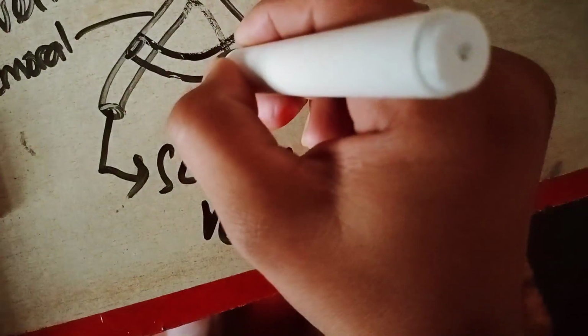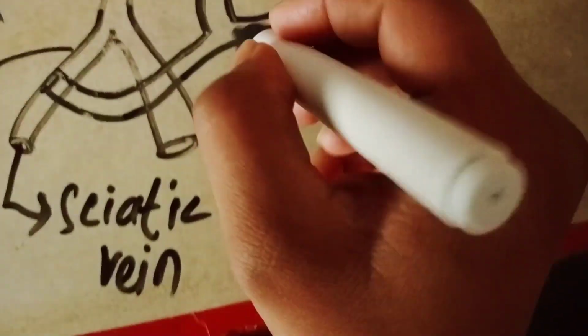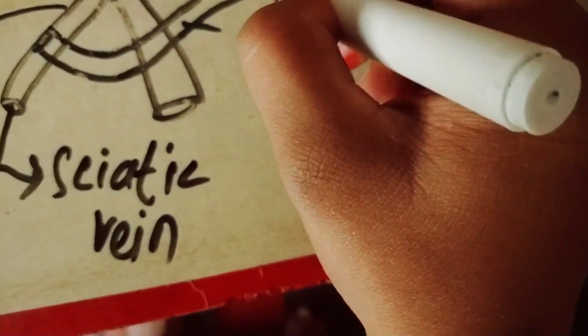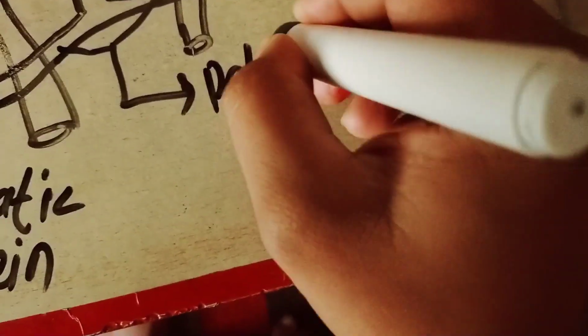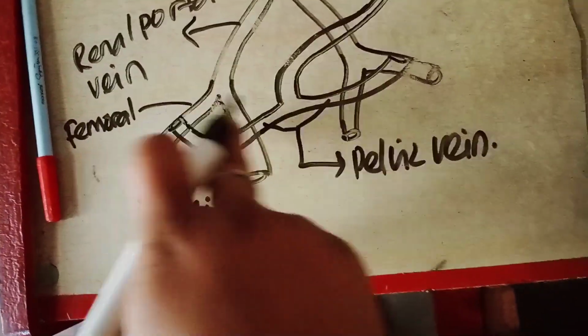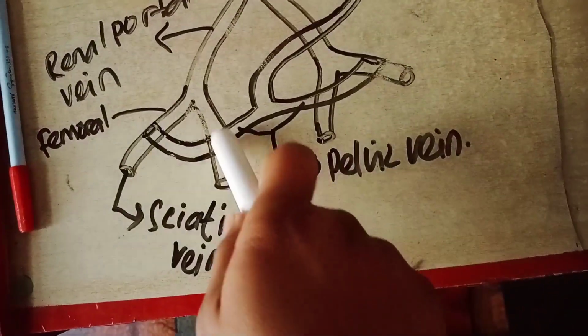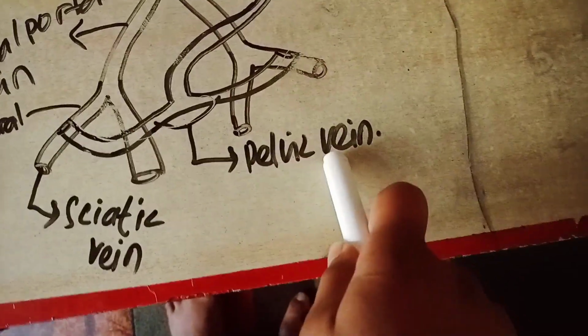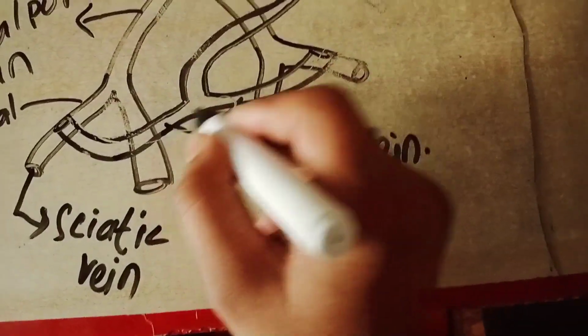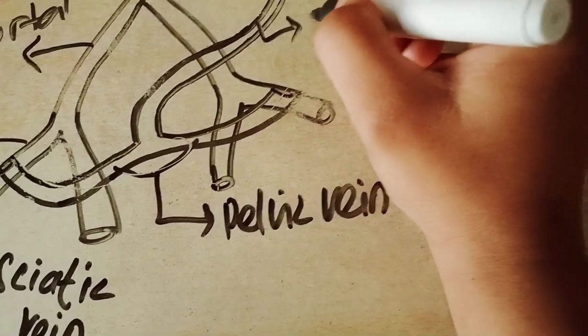And this is branches of femoral called as pelvic vein. Branches of femoral, these two, this and this, are called pelvic vein, and these two pelvic veins unite to form anterior abdominal vein.